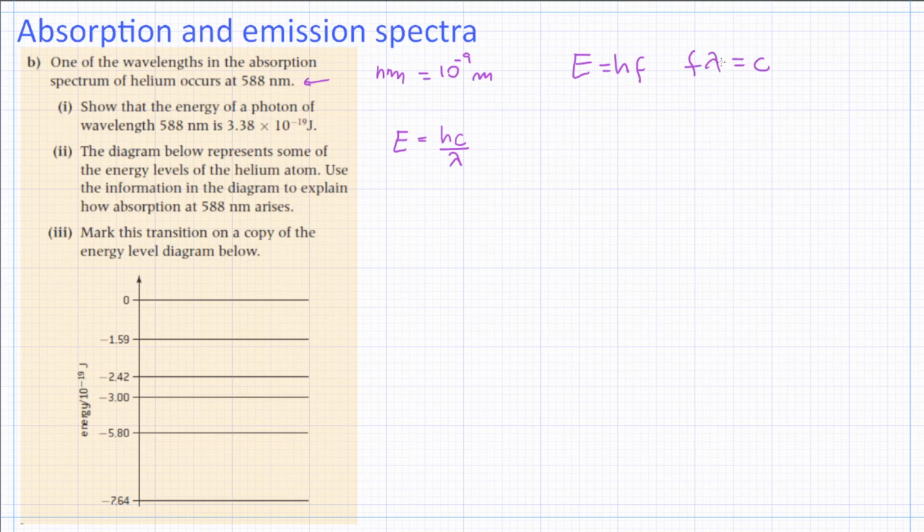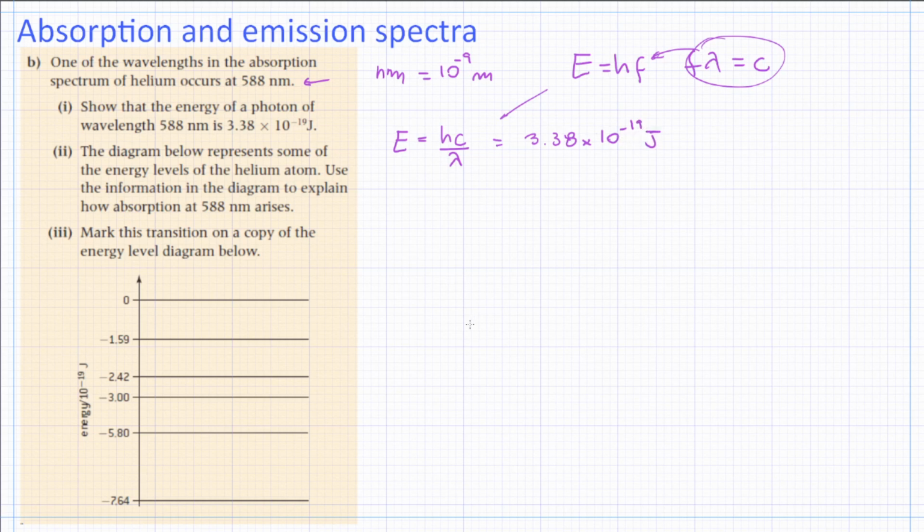The speed of light, lambda f, and yeah, there you go. So by replacing this here, we get that equation. So if we put the values in, because this is constant, speed of light is also constant, and the wavelength we're given. So if we put those numbers in, we will find 3.38 times 10 to the -19 joules. That's fairly easy.